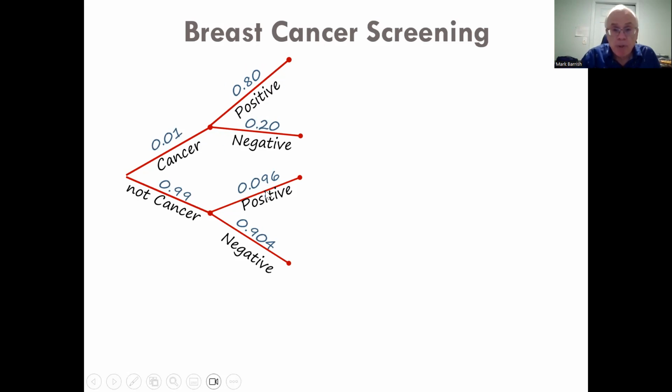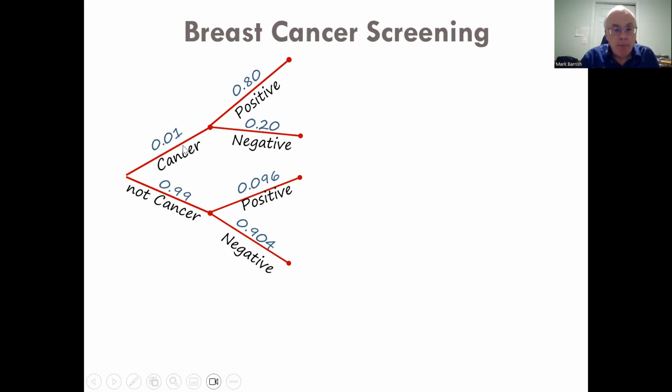The 9.6% is the false positives. That's if people get a positive result if they don't have cancer. That's where the 0.096 shows up here. The 0.01 is the 1% of women who are routinely screening. So we have three numbers. Typically, three numbers are all that we need in this type of breast cancer problem.